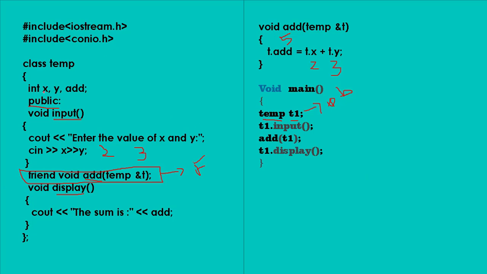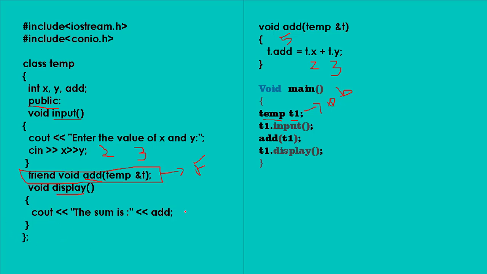We are using three variables here, x and y for the input and add for the output, and three member functions. One member function for the input, the second member function add has been declared as a friend function, and the processing takes place in add, but it has been defined outside the class and declared inside the class, and then you have void display in order to display the output.